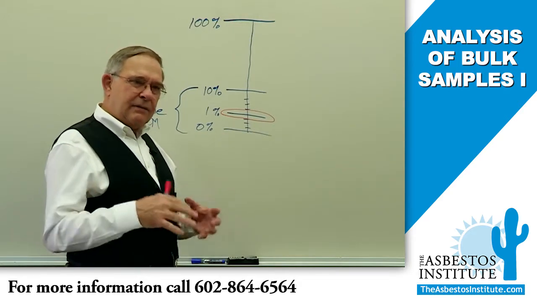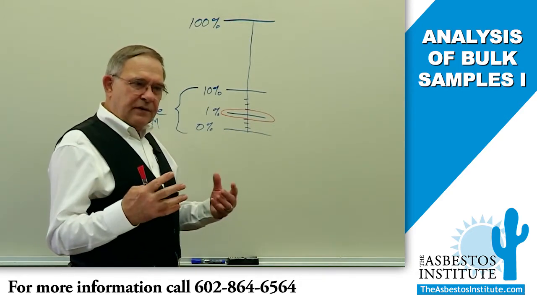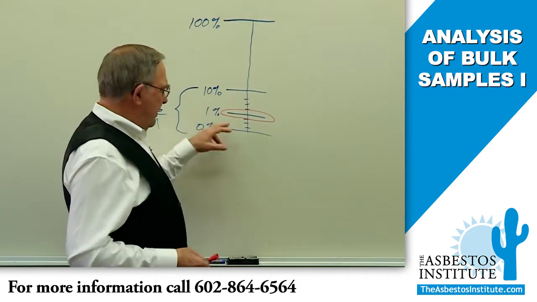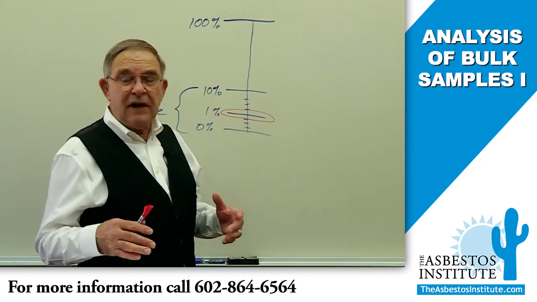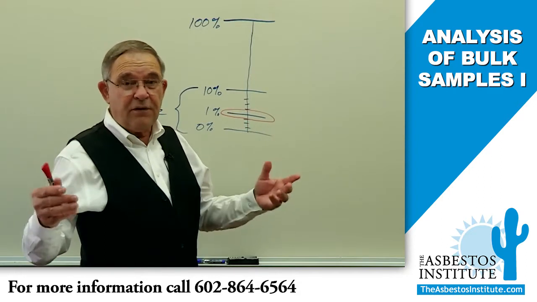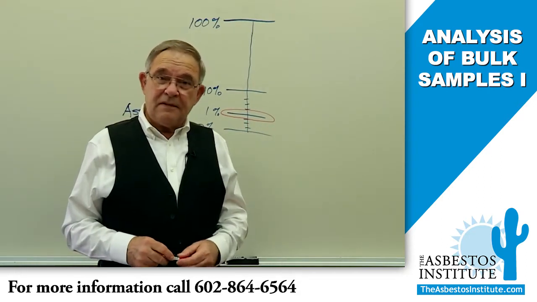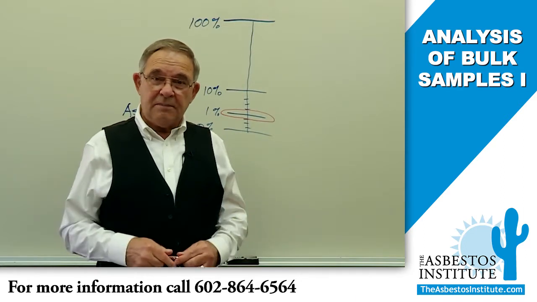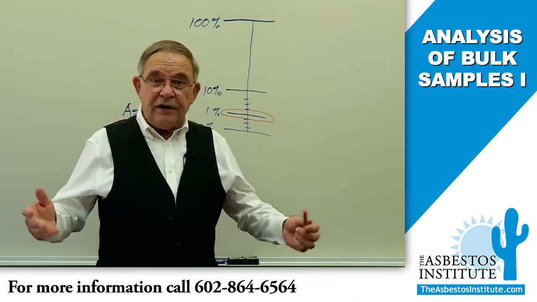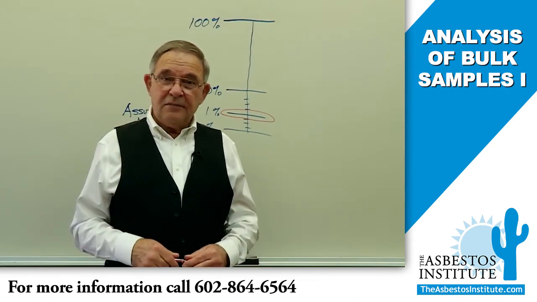So the inadequacies, like for instance, the PLM scope can't see asbestos at this level. You can't see individual fibers at any level. I mean, you may have 30% asbestos in, say, a floor tile sample and get results by PLM back of non-detect, 0. But you have 30%.